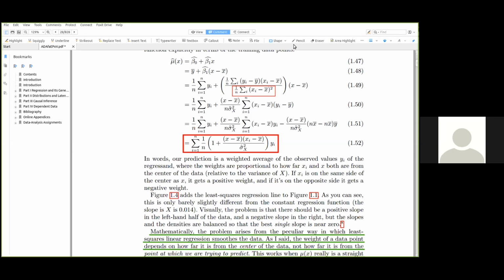So let me draw this. Suppose this is your data sample, something like this is your data set. I want to predict the value of y at this point.